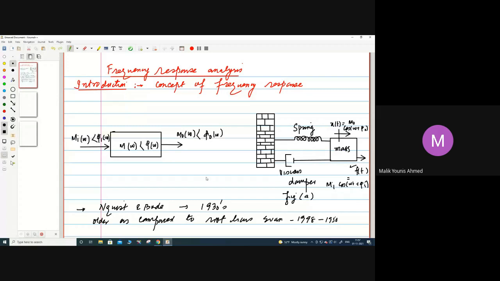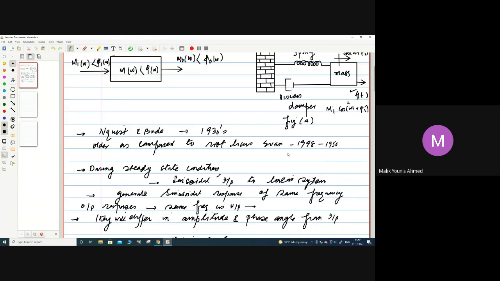The steady state output response X of t, you can see here, is also sinusoidal, and it has the same frequency as that of the input.